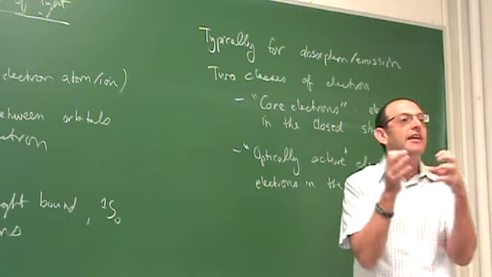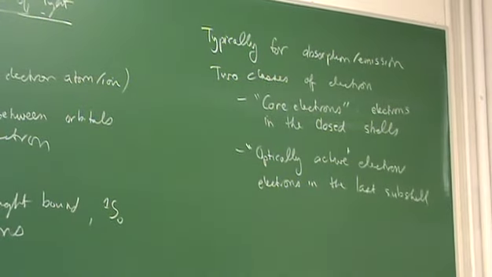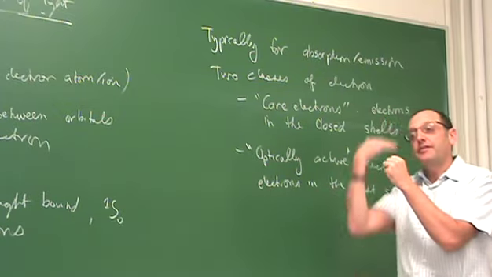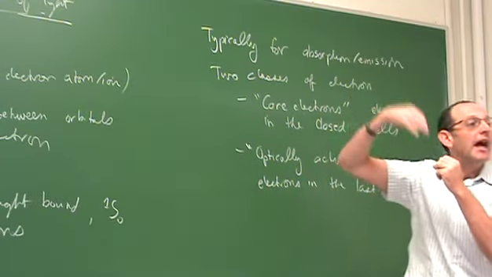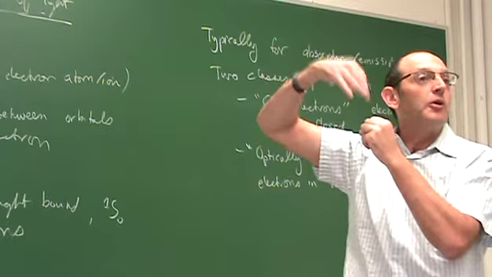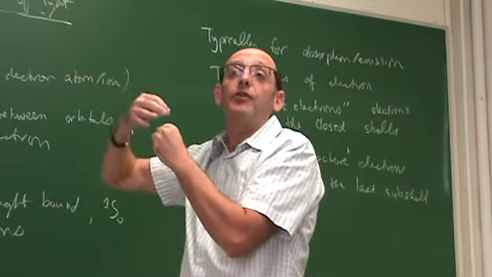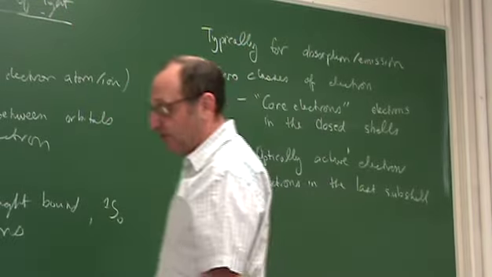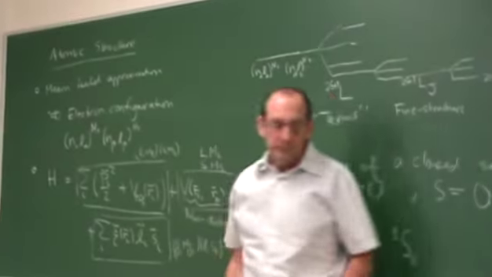They're not excited, they're sitting in the core down to the nucleus and are basically passive observers to what's going on. Whereas the electrons in the open or last subshell, depending on how much energy one has available in your laser or lamp or sunlight or what have you, those electrons are the ones that can be excited. And we think about them in terms of whatever these configurations are.